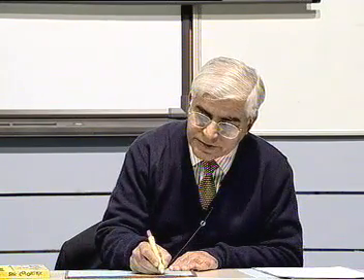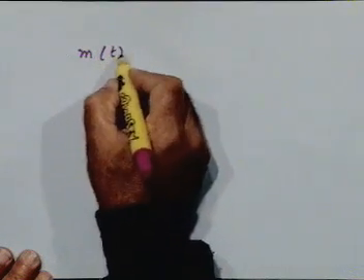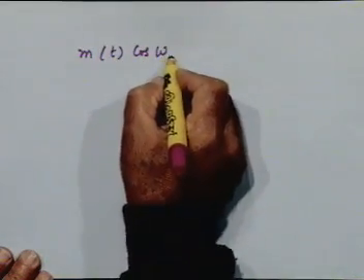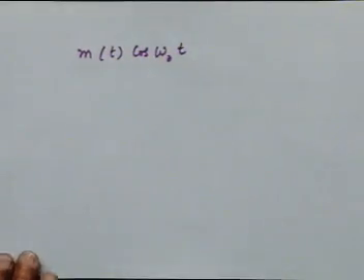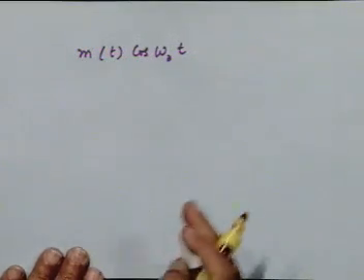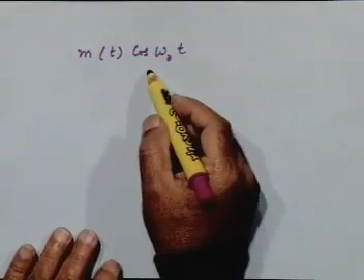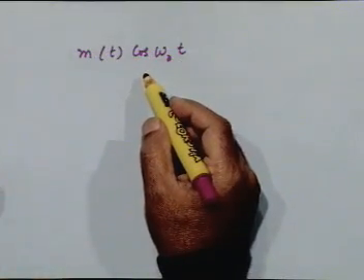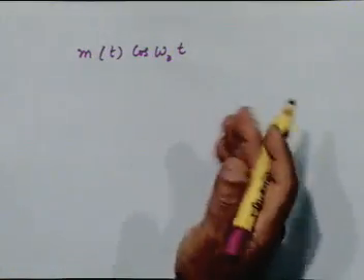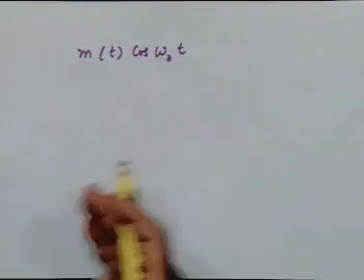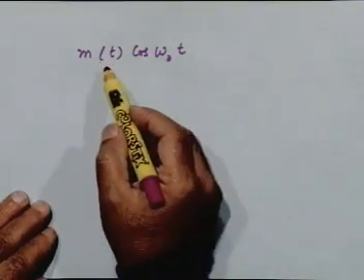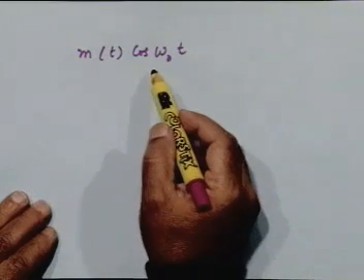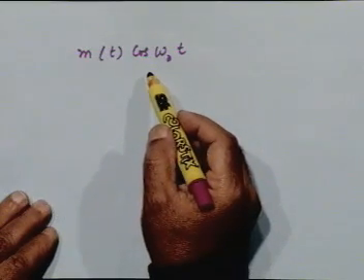But as a consequence of this, the two special cases which are particularly relevant to us, because we deal with such situations quite commonly, is when c(t), the so-called high pass signal, happens to be a carrier signal of some high frequency omega naught, and m(t) is a signal with a much lower frequency band. That is, the highest frequency component in m(t) is smaller than omega naught. Then that condition will be satisfied.